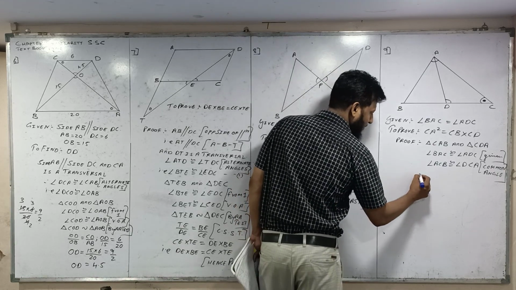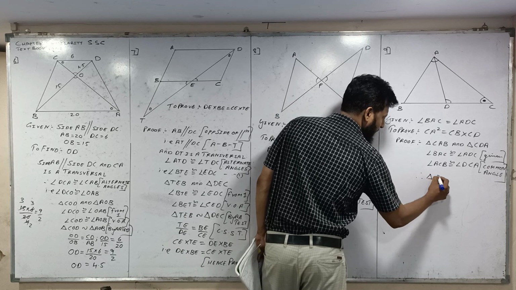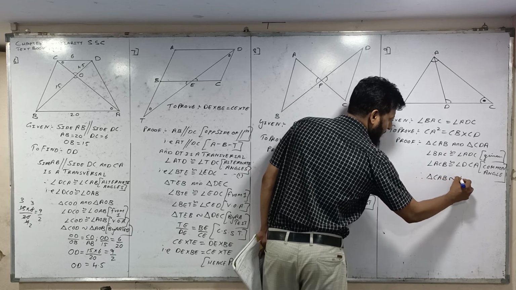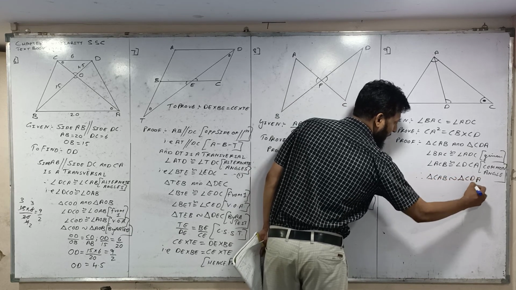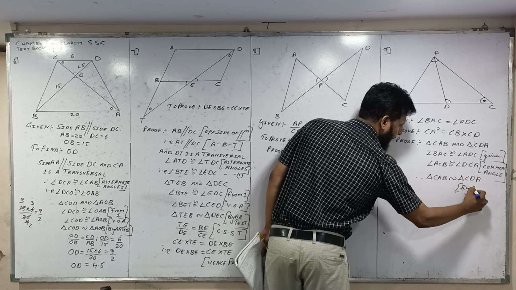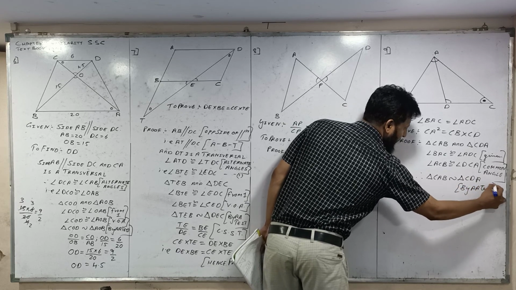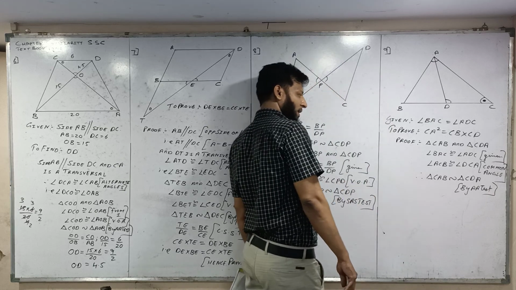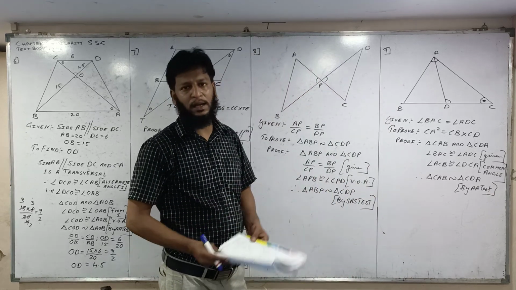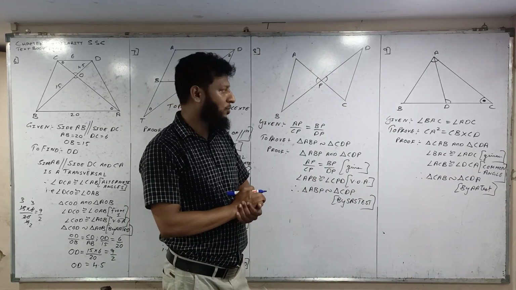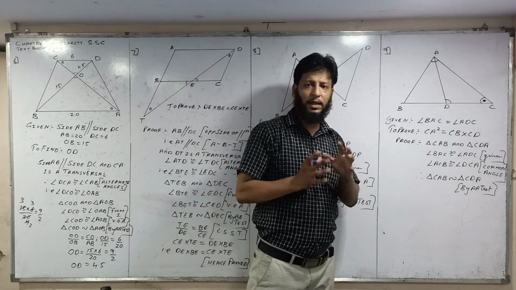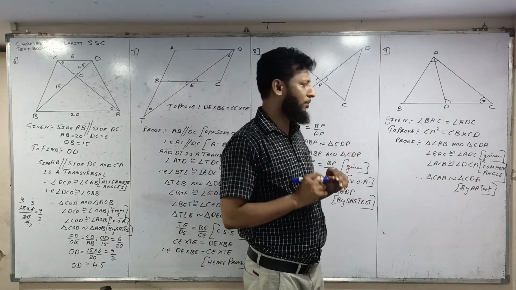So this is the common angle, therefore triangle CAB is similar to triangle CDA by AA test. If the triangles are similar by AA test, then the corresponding sides are proportional. Okay, so you have to prove CA square, so take the sides in which CA comes 2 times.